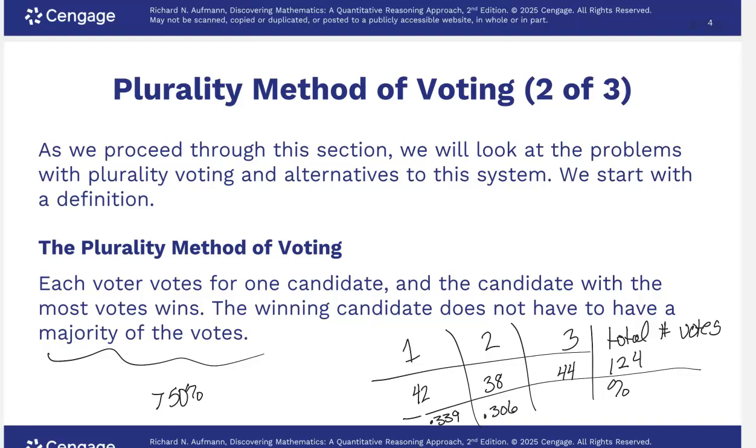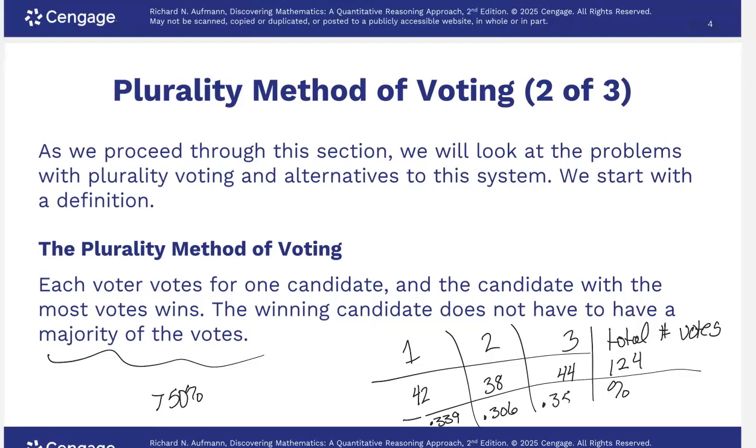If I take 44 divided by 124, we're going to get 0.355, which is 35%. So they got 35% of the votes, but it's not the majority of all the votes that has been cast, because the majority would be defined as more than 50%. I'll write out more than. And they only received about 36% of the votes.